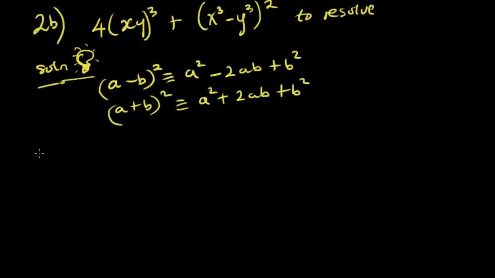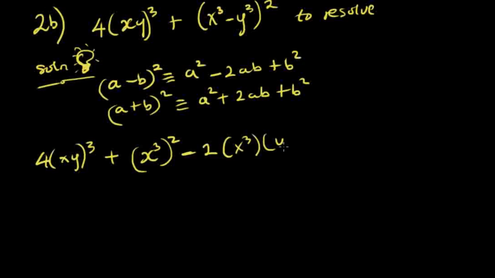Given this problem, you have 4xy^3 plus, so we can now expand (x^3 minus y^3) all squared using the first identity. So follow me. I'll have (x^3) all squared, then minus 2x^3y^3, then plus (y^3) all squared.